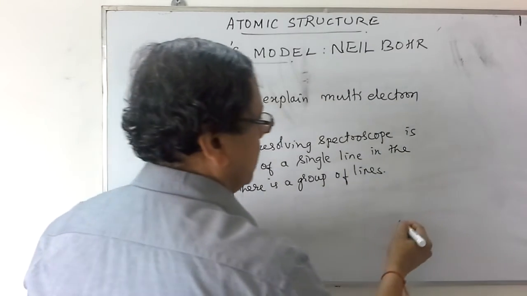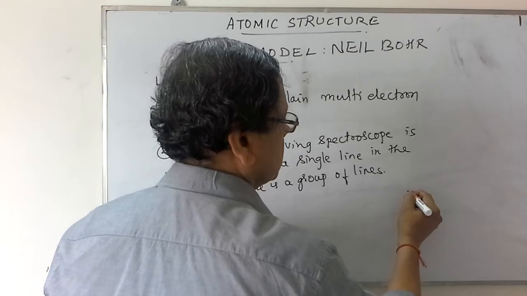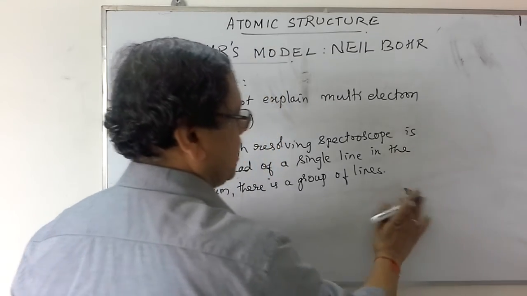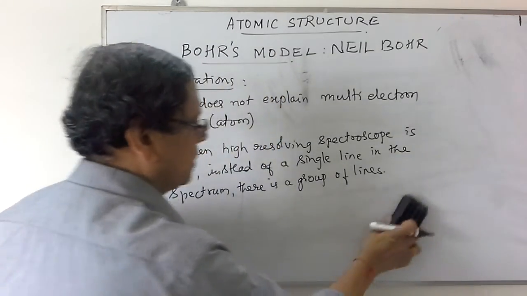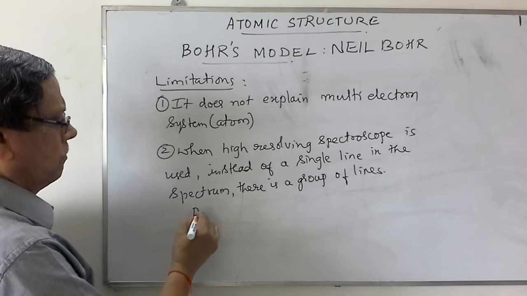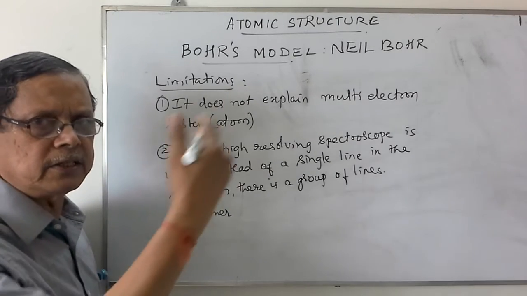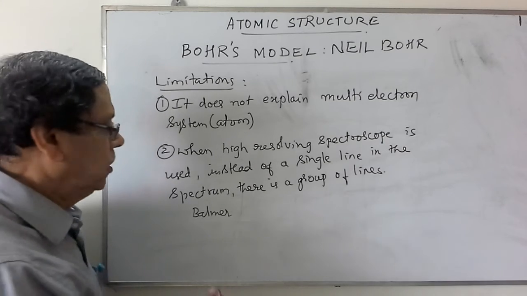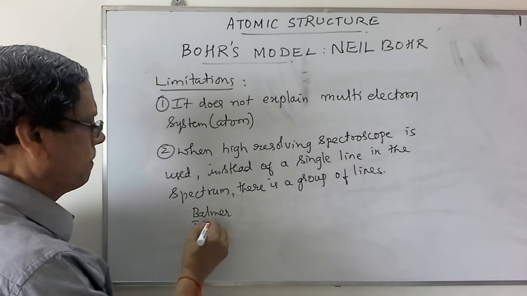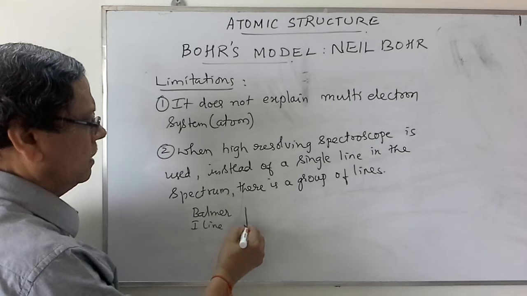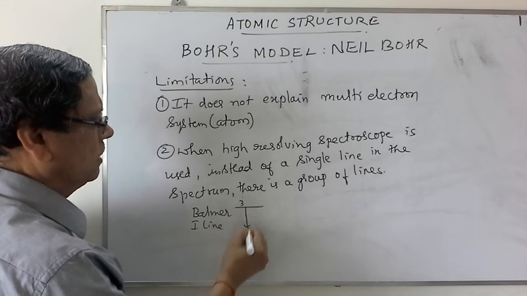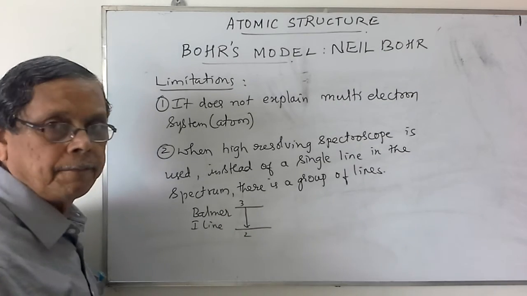Say for example, I am considering this Balmer series. I'll explain here. The Balmer series is observed in the case of transitions between various energy levels and the second energy level. If you consider this first line, this is energy level 3, this is energy level 2.